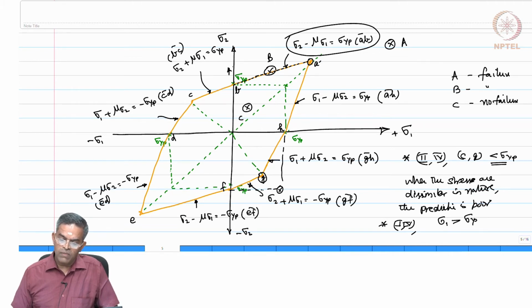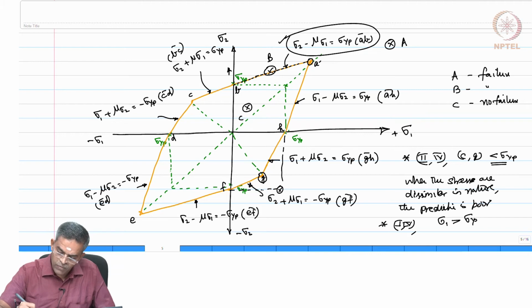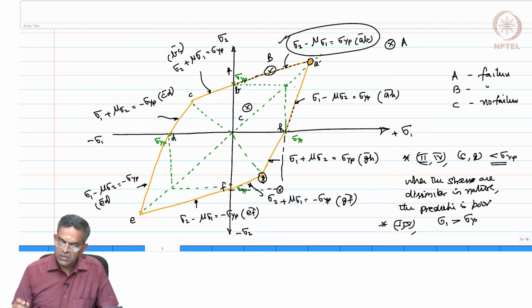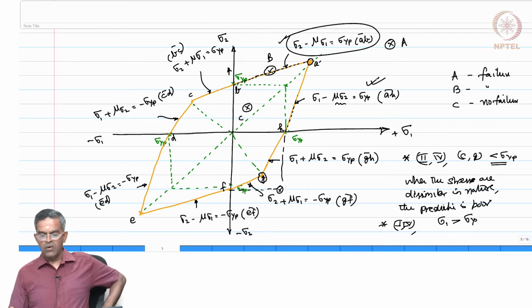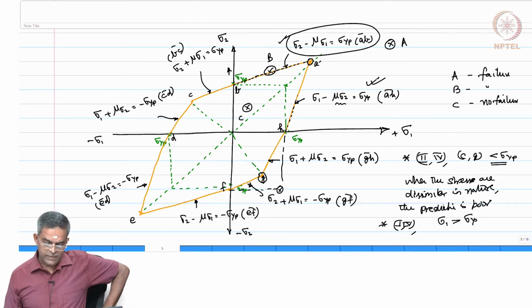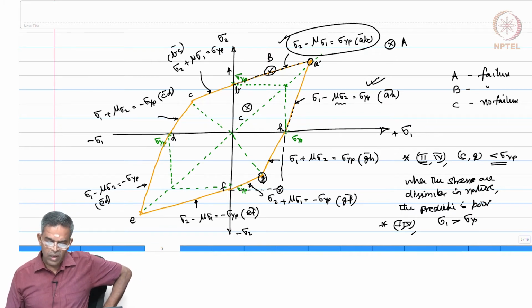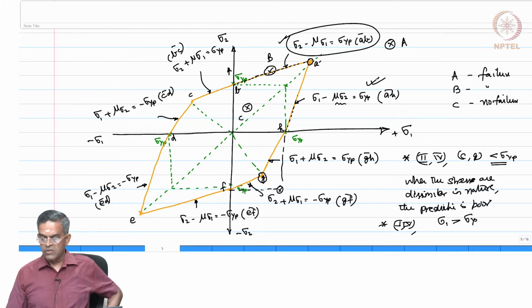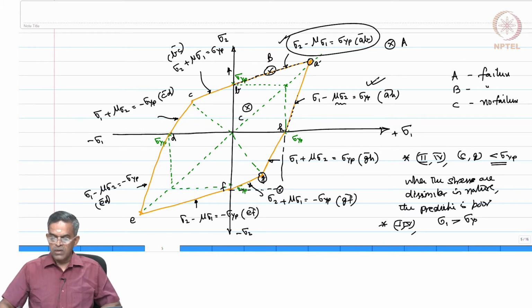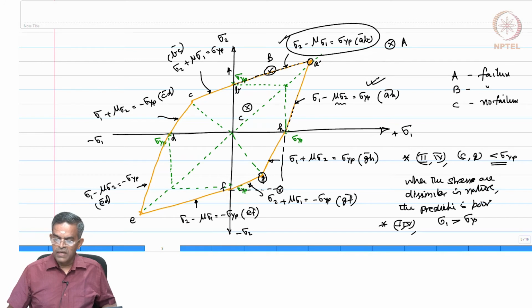The rate of growth of sigma 2 beyond sigma yp has an influence from sigma 1. So, that is how this equation is written. Similarly, if you want to find the rate of growth of sigma 1 beyond sigma yp as an influence from sigma 2, this equation is written. So, by this algorithm you should be able to realize the equations of all other segments in various coordinates and various quadrants represented as shown on the screen.